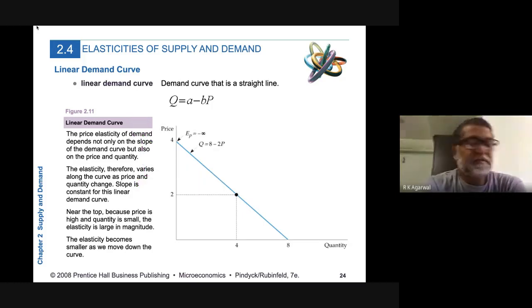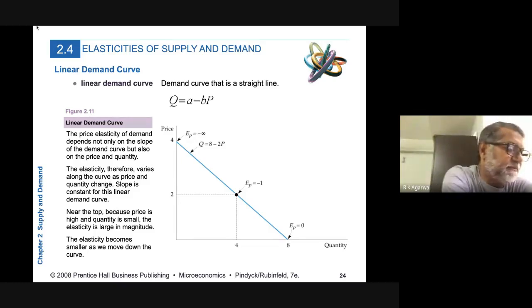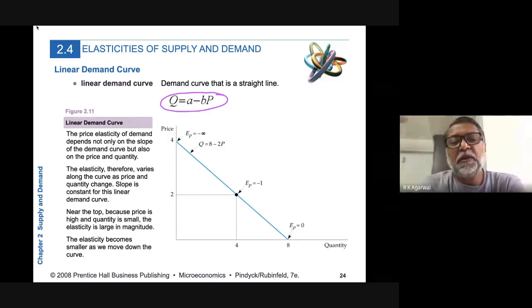Then this linear demand curve has the same slope everywhere, isn't it? Because the equation of a straight line is written in terms of this. This is the equation of a straight line. What is the slope of this line?